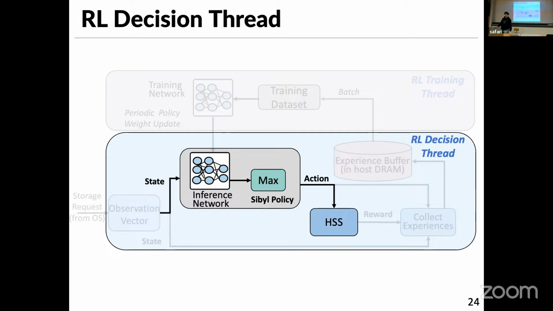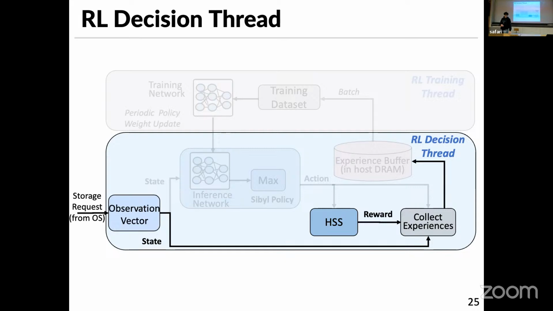This action will be performed on the HSS, out of which the reward will then be calculated. Then we bundle the action, the state, and the reward together to have something called an experience, which will be stored in what is called the experience buffer, which is inside the DRAM. And here we can already see the asynchronous execution.